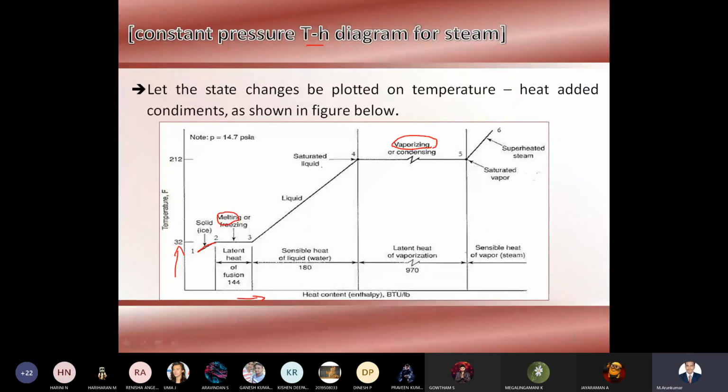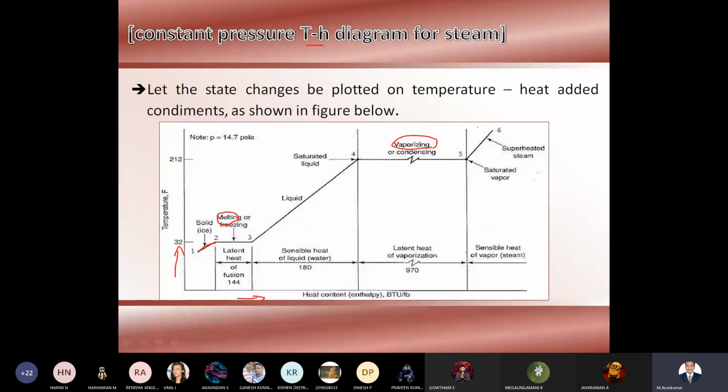The saturated liquid becomes vapor, right? During that process we have a constant temperature. Then after the saturated vapor, we get the superheated steam. In that region we get an increased heat content, so if you increase the temperature, we get increased heat content.